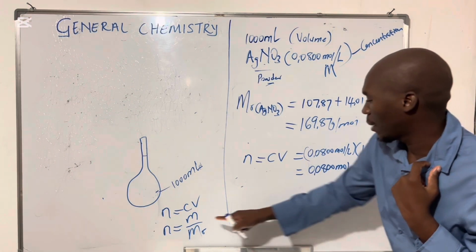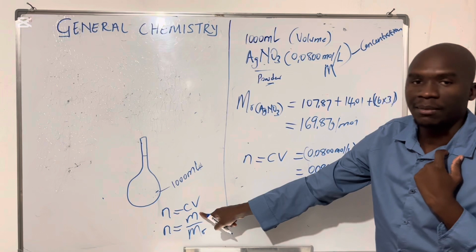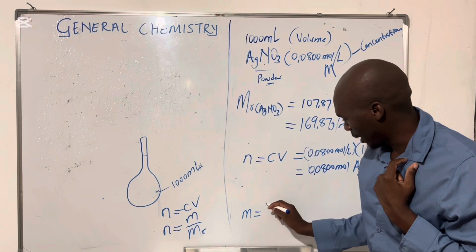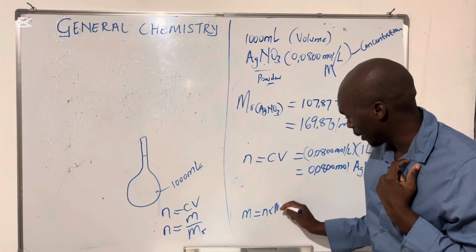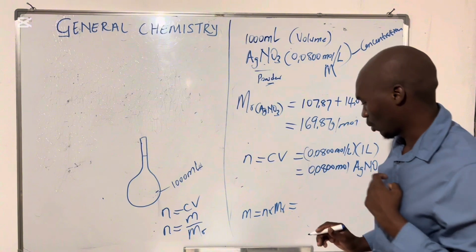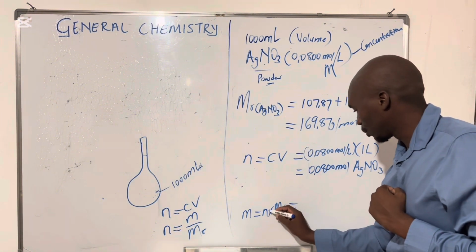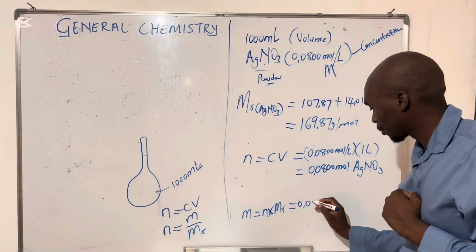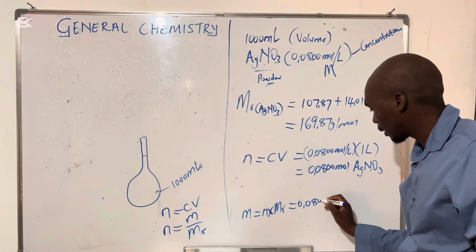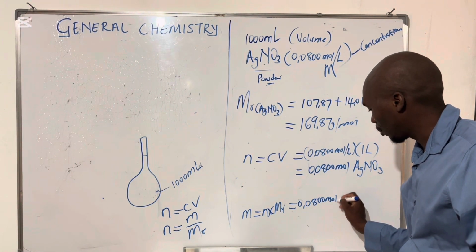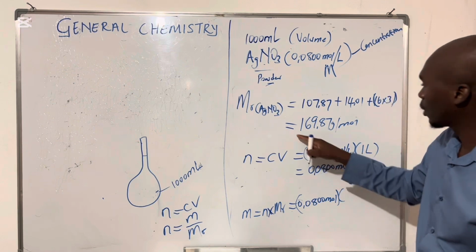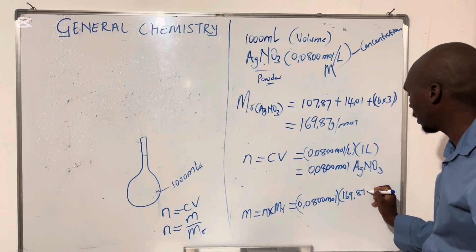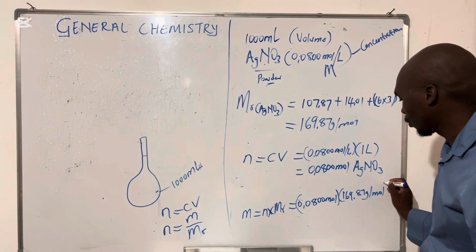Now, since we have the number of mole and the molar mass, we can find mass. From this formula, we can rearrange and find that mass is the same as number of mole multiplied by molar mass, which is going to give us what? 0.0800 mole multiplied by the molar mass we calculated here, 169.87 gram per mole.